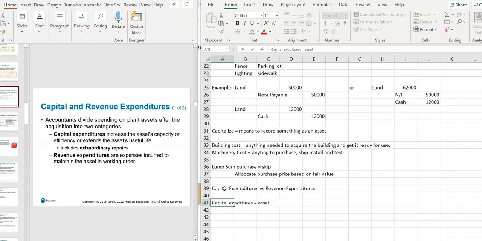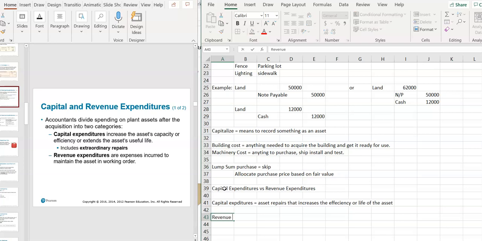Well, it's not asset purchase. It's an asset repair that increases the efficiency or life of the asset. Okay, so for instance, if I have a truck that I've had for 5 years and I think it's only going to last 2 more years, but I put a new motor in it and now I think it's going to last another 5 years, then that's a capital expenditure.